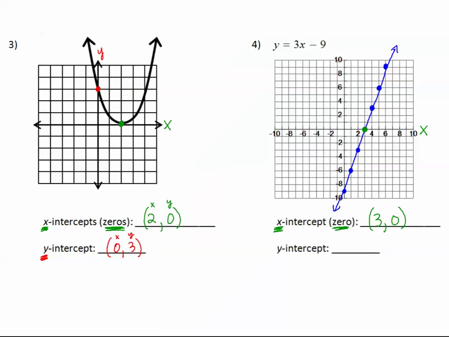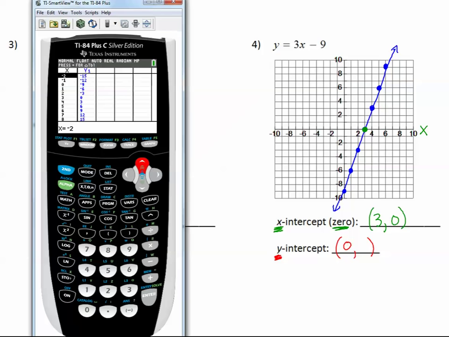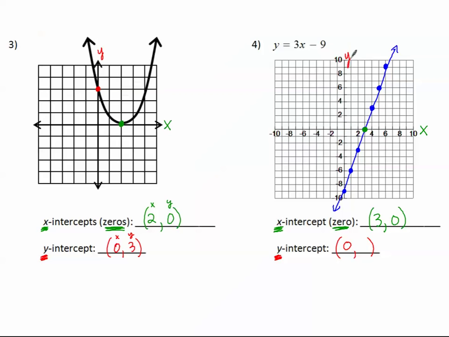Now it's time to find the y-intercept. Remember, that's where the y has a number and the x is 0. If I use my table, where's the x 0? Here at 0, -9. If I use my graph, where does it cross the y-axis? Same place, 0, -9.